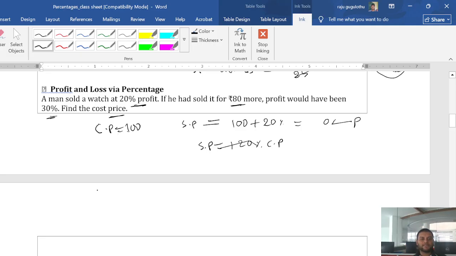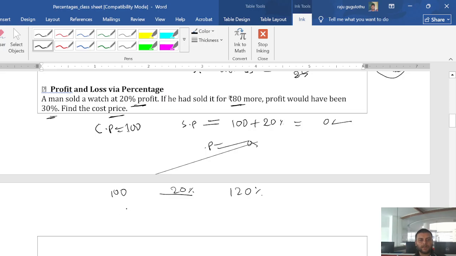Acha. So I can say one thing over here. When 100 is the cost price, if you want 20% profit, you are selling it at 120% of CP.